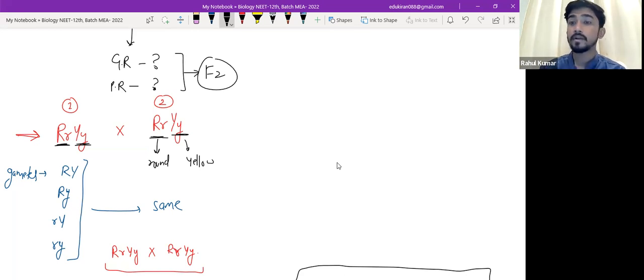Similarly, the law of independent assortment is also not always true. There are certain characters which are linked together, and they always go to an offspring together. They do not get segregated at the time of gamete formation. Do you understand, everyone? Yes, sir.